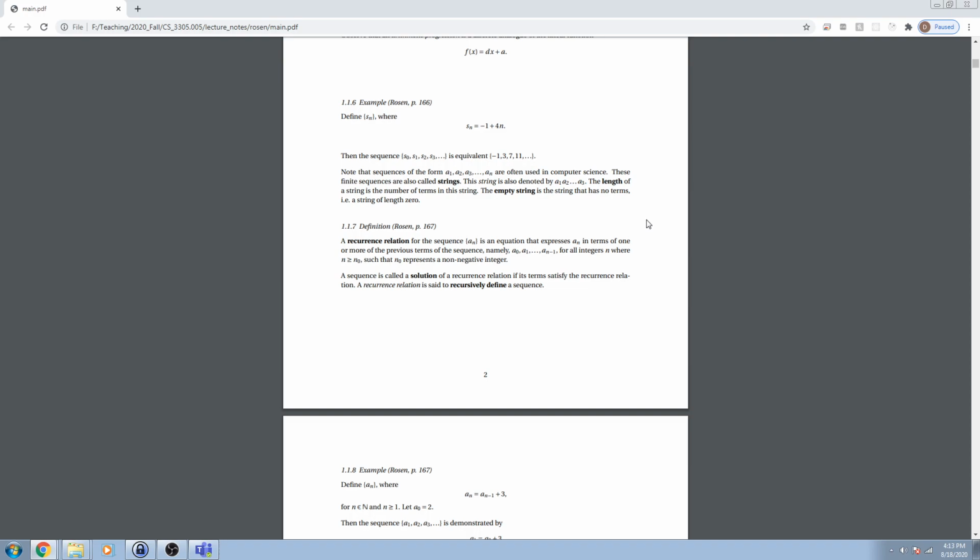So just keep in mind that we will be jumping back and forth to binary, and maybe hexadecimal, and maybe base 6. We'll see.